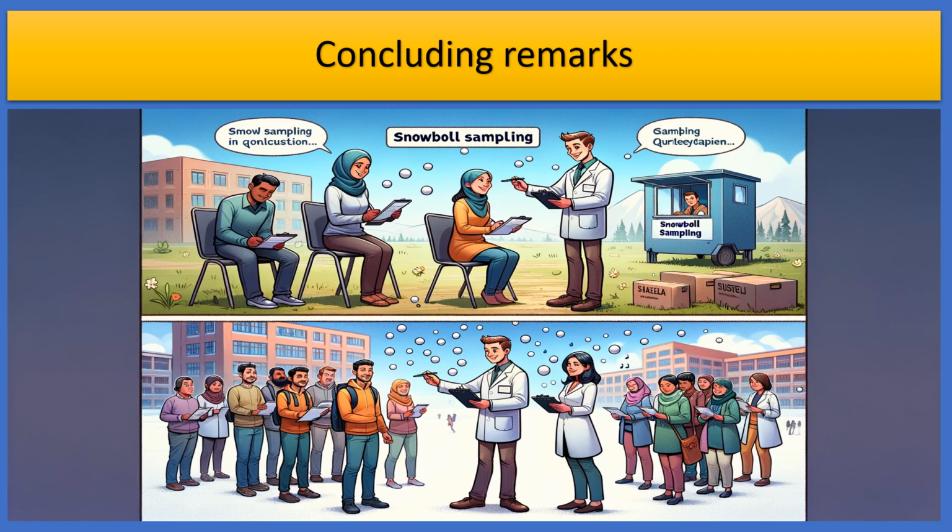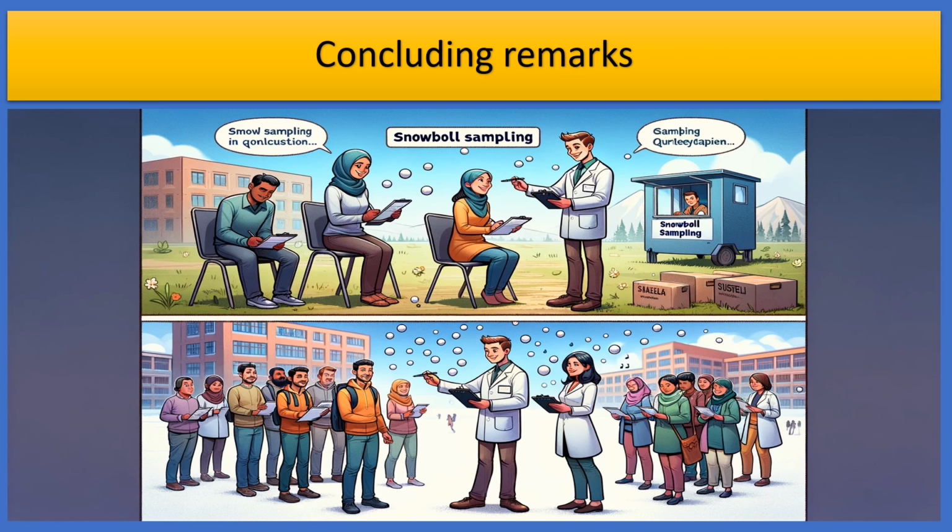In conclusion, snowball sampling is a valuable method of data collection, particularly in scenarios where traditional sampling methods are impractical or ineffective. Its unique features, including access to hidden populations, cost effectiveness, and flexibility, make it well suited for exploring sensitive topics, marginalized communities, and rare phenomena.